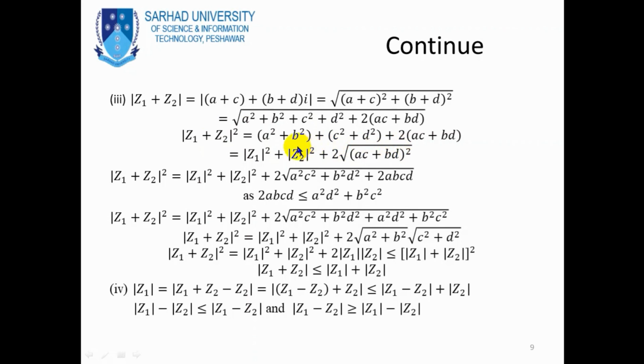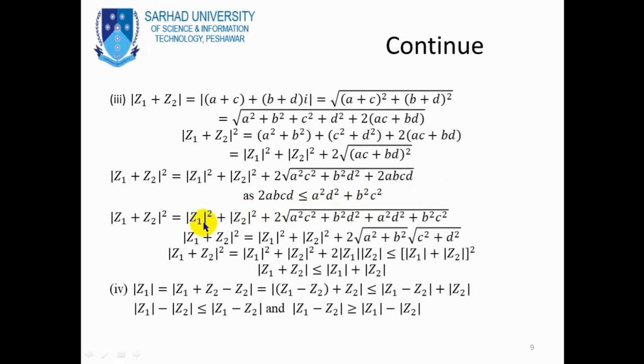And it can be written as, this is actually the square of the magnitude of z1, this is the square of the magnitude of z2, and we can write 2 into (ac plus bd). Now the z1 magnitude square plus the z2 magnitude square plus 2 into the square root of a square c square plus b square d square plus 2abcd. As we know that 2abcd is less than or equal to a square d square plus b square c square.